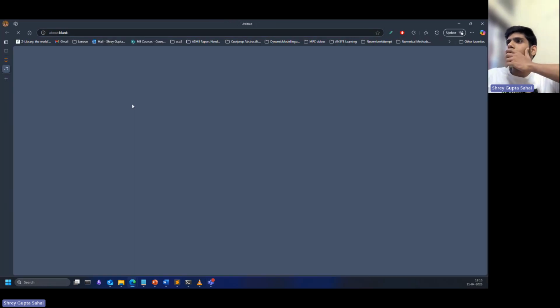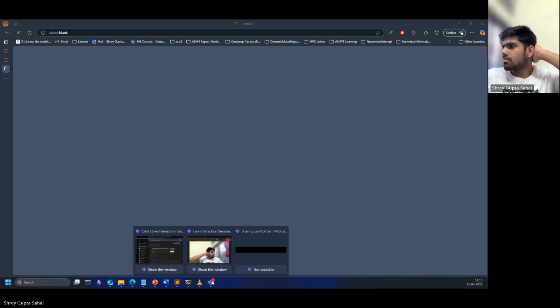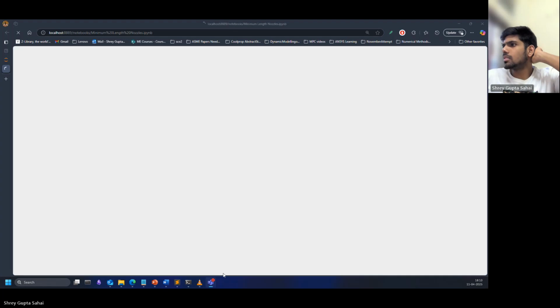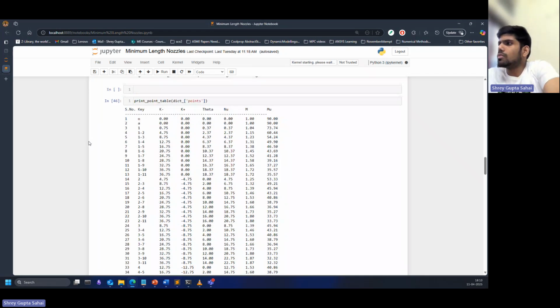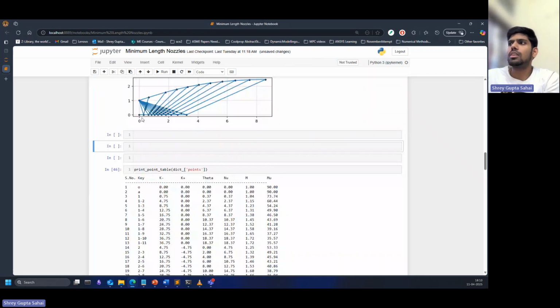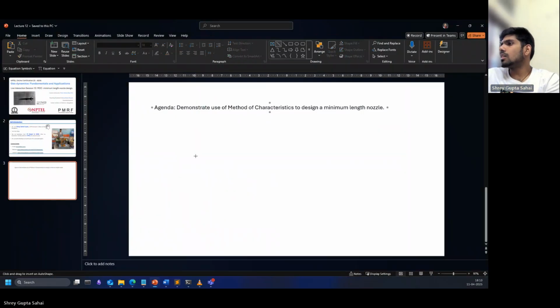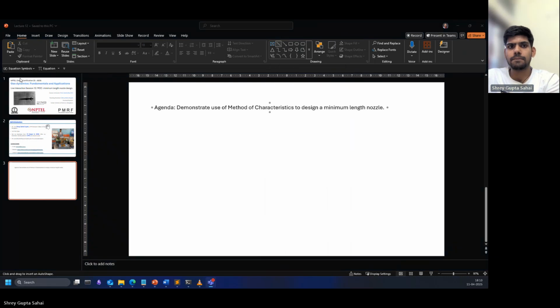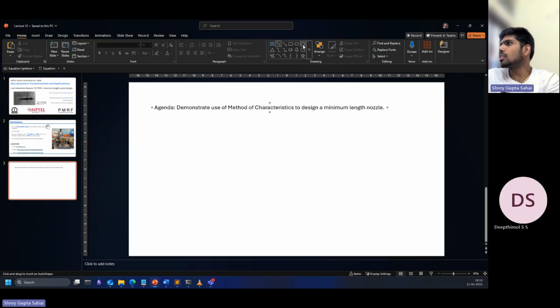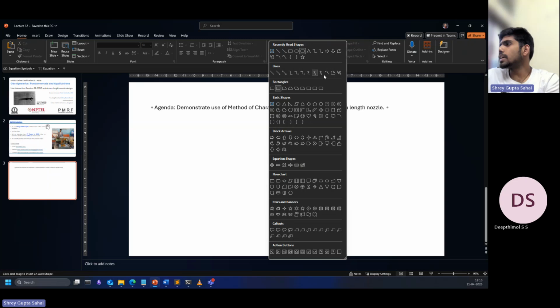What we are going to look at is something of this sort. So given a Mach number, that's the setting. Let's look at the setting. So there is a nozzle of some shape.